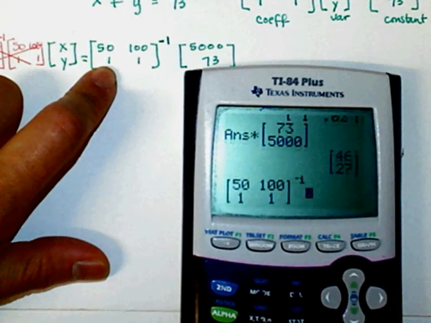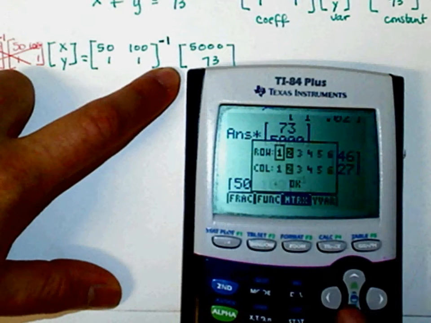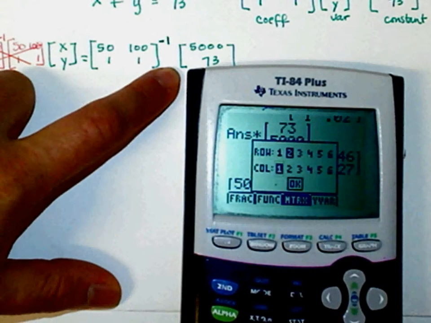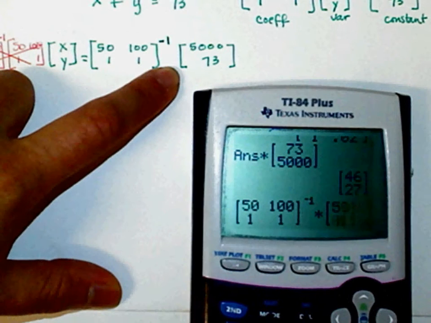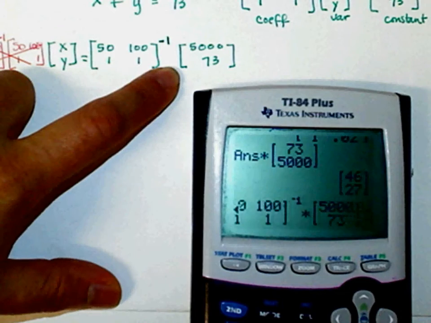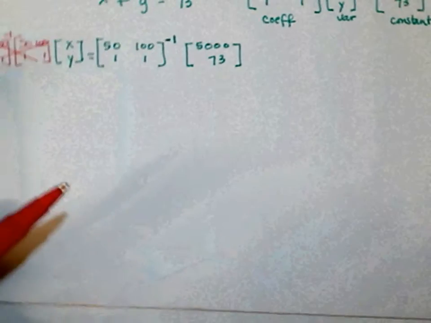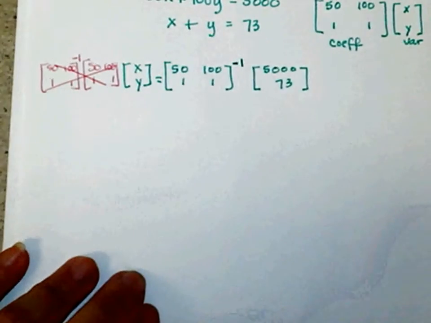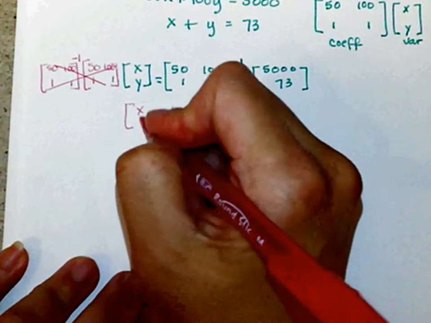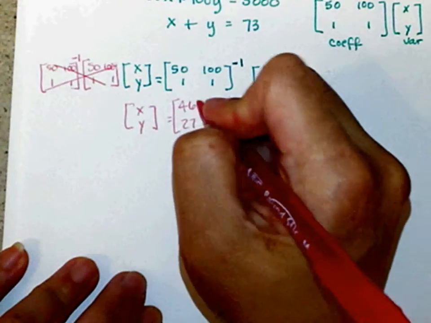I'm taking the inverse of that, times your constant matrix, alpha zoom, 2 and 1, 5,000, and 73, okay? And guess what I have? 46 and 27. So, XY is equal to 46 and 27.